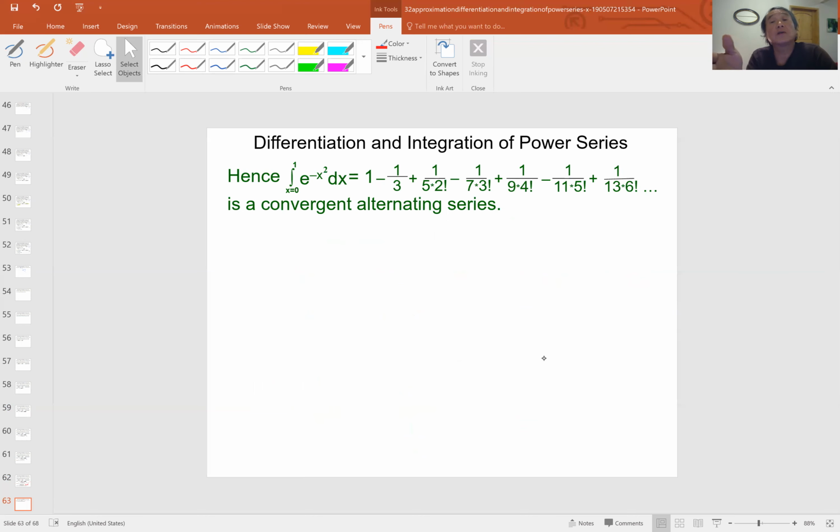This is a convergent alternating series, because of the plus and minus, and it actually converges absolutely too, but that's another story. So how many terms should I add so the part at the end is less than 0.0005?